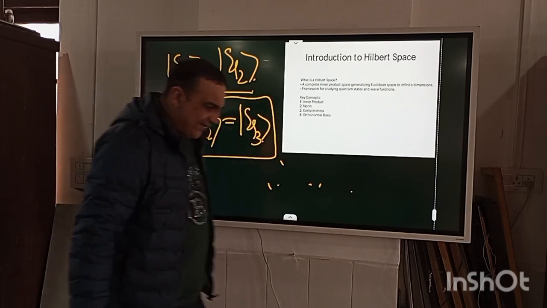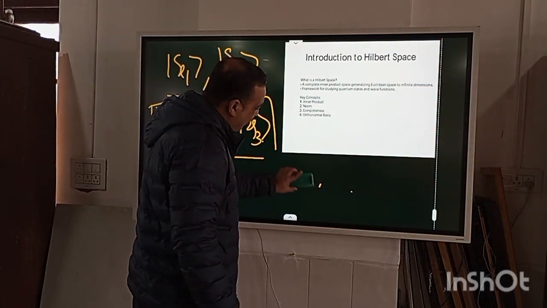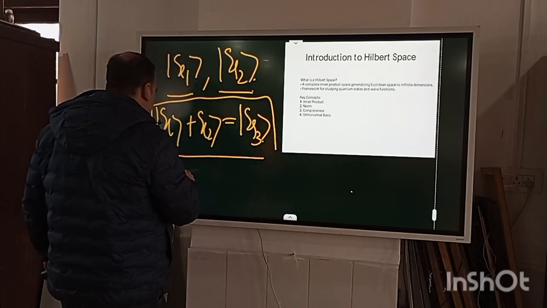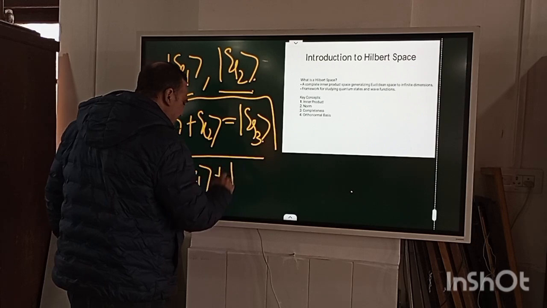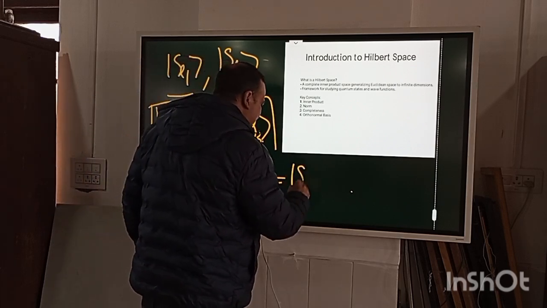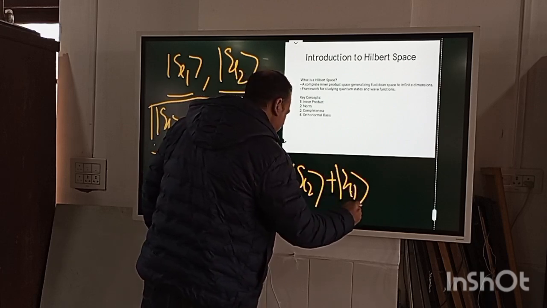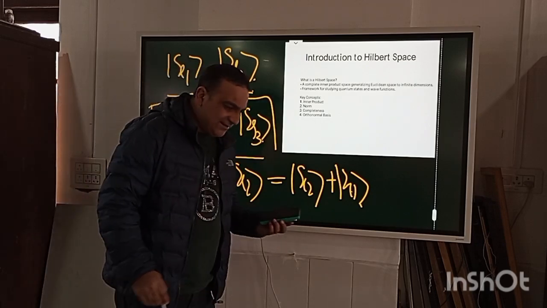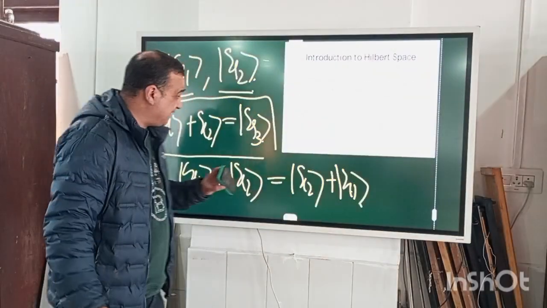And these state vectors should obey the commutative behavior. So what does that mean? Commutative: if I have state zeta 1 plus state zeta 2, this should be equal to state zeta 2 plus zeta 1. And it should obey the distributivity and the multiplication of the scalars.